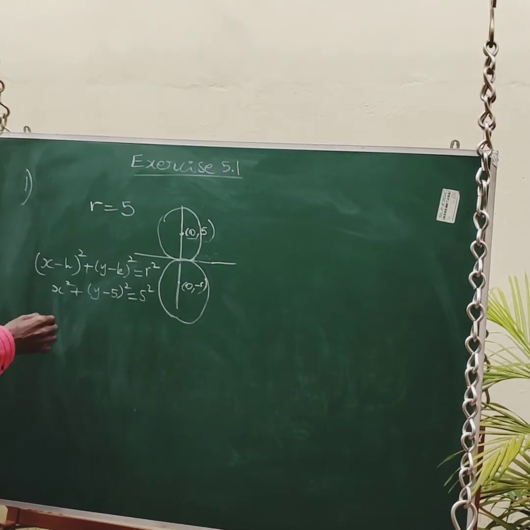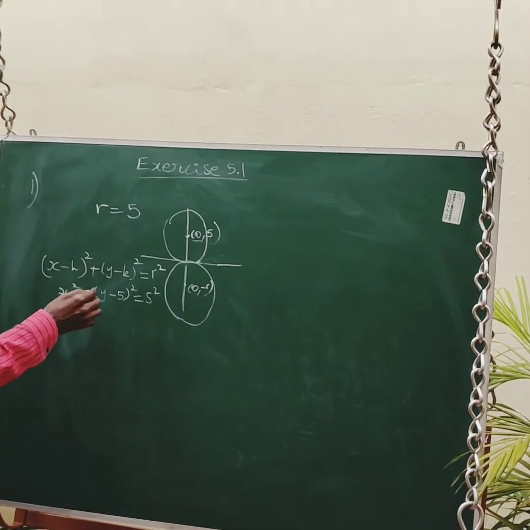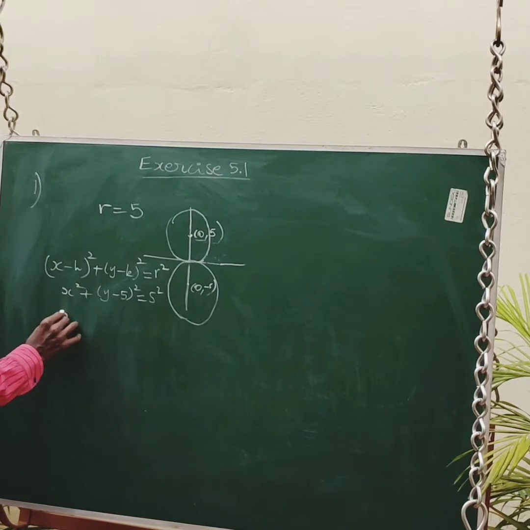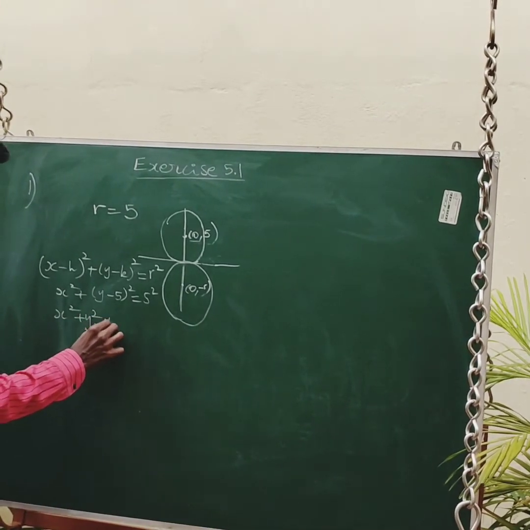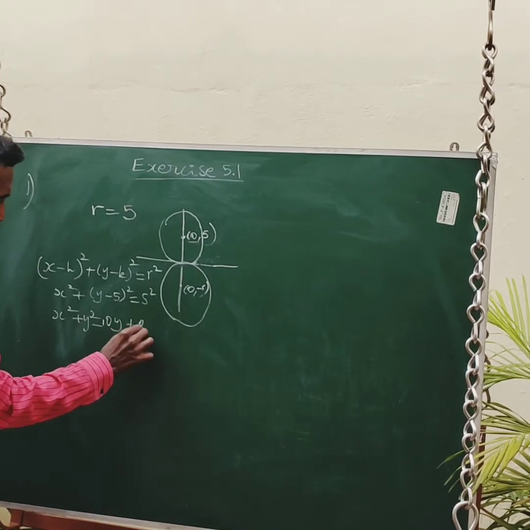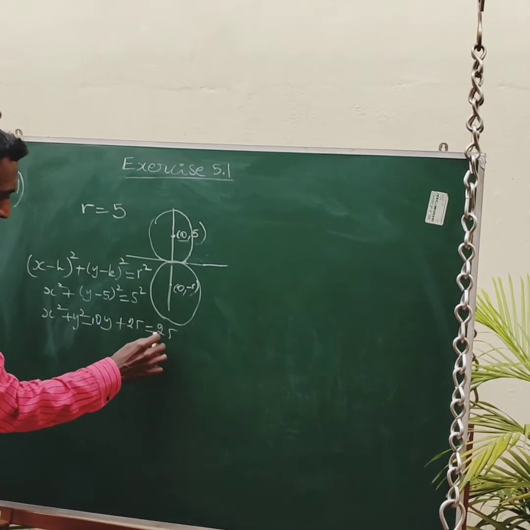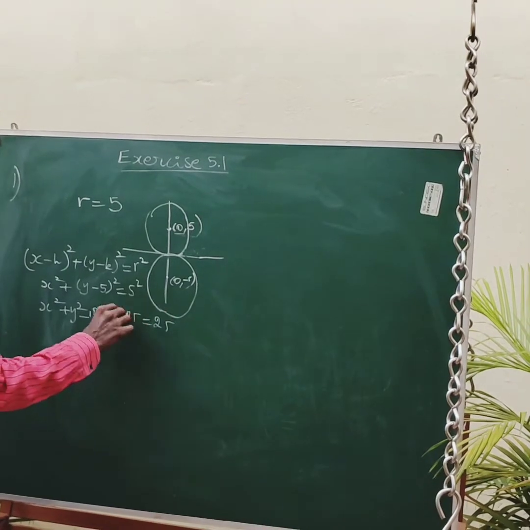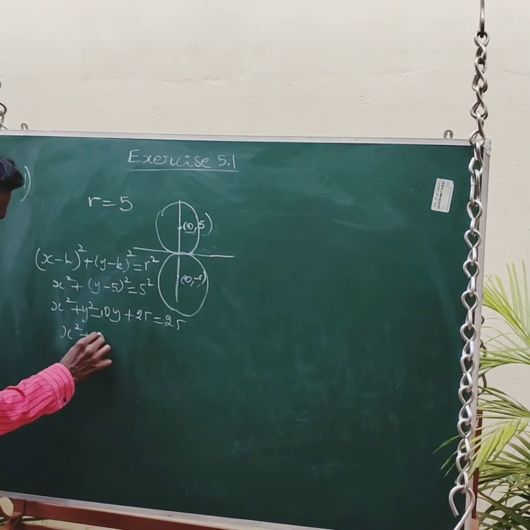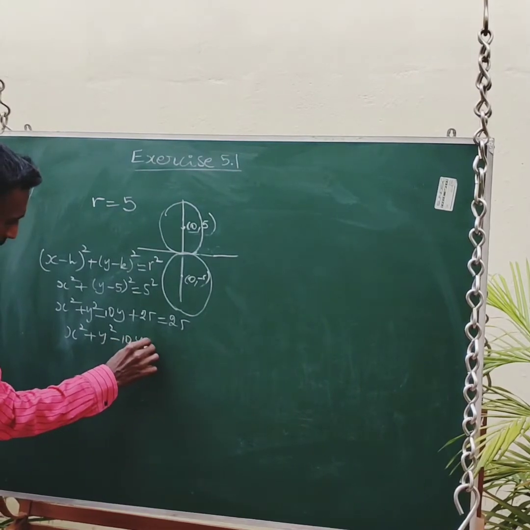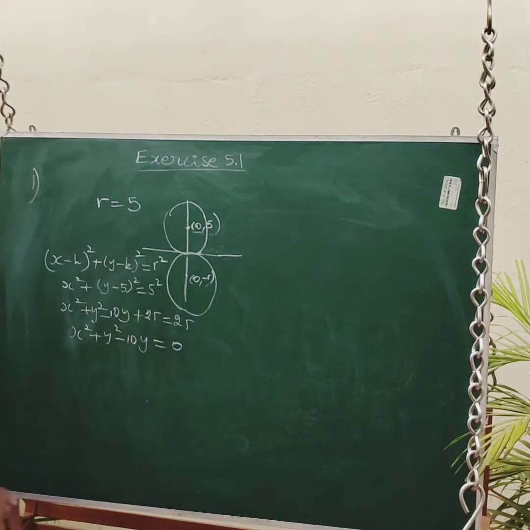If we expand, x square plus y square minus 10y plus 25 equal to 25. Cancelling the 25, we get x square plus y square minus 10y equal to 0.